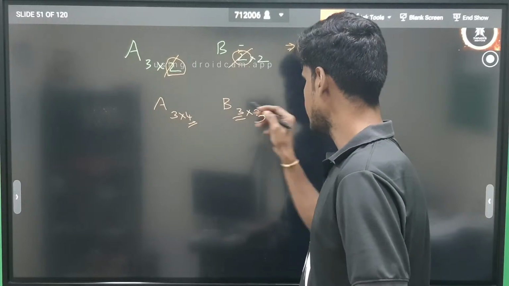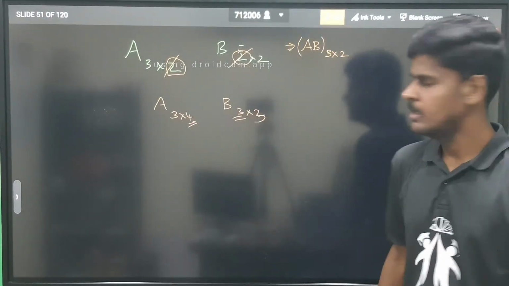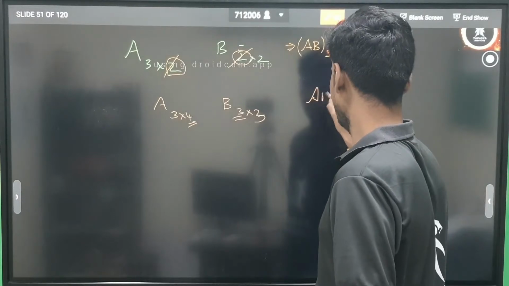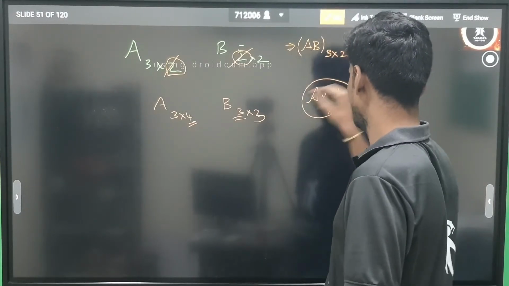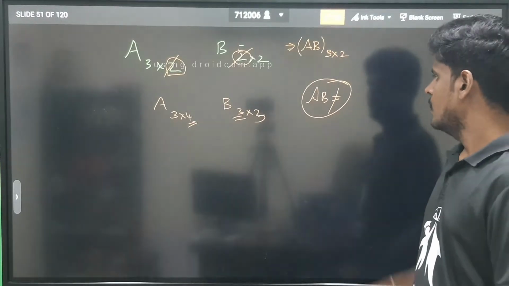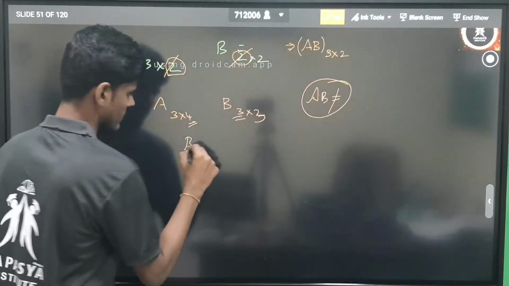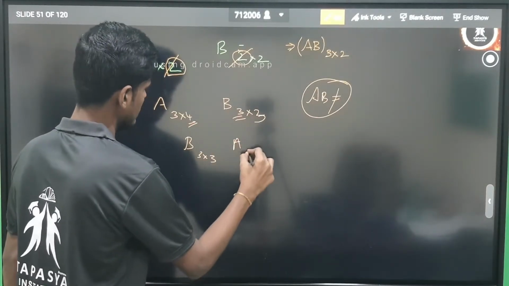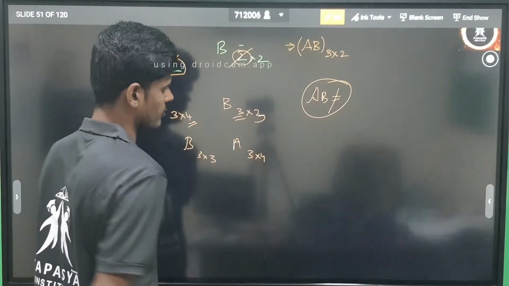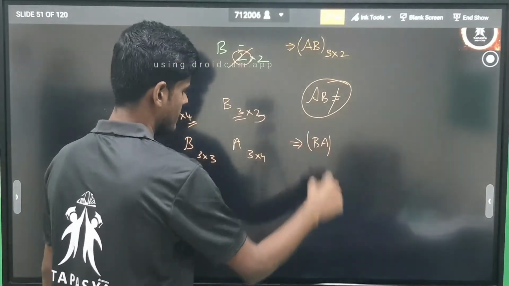Suppose this value is 3. Again, can we find AB? AB is not possible. Now what about B into A? B matrix is of order 3 cross 3 and A matrix is of order 3 cross 4, which implies we can find the BA matrix.